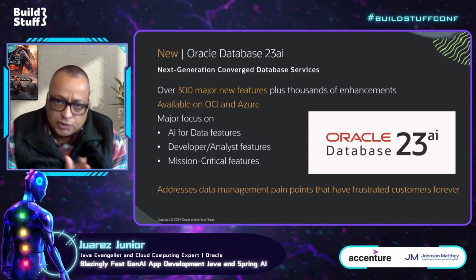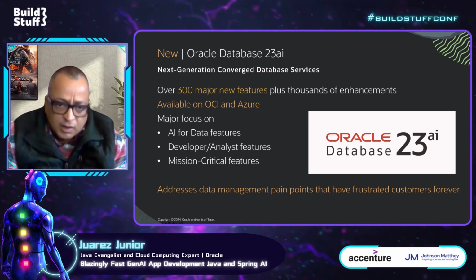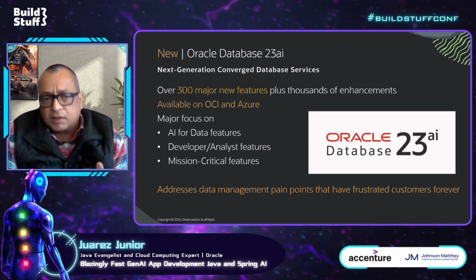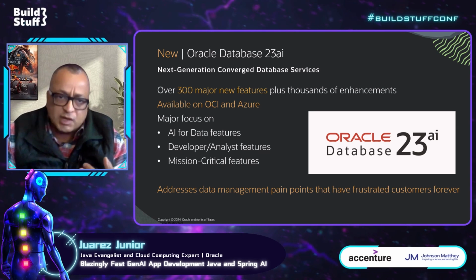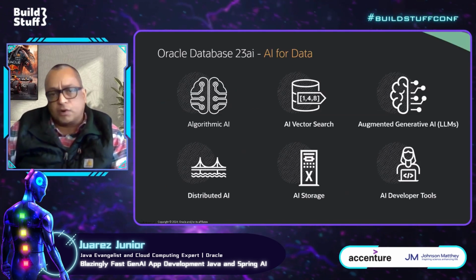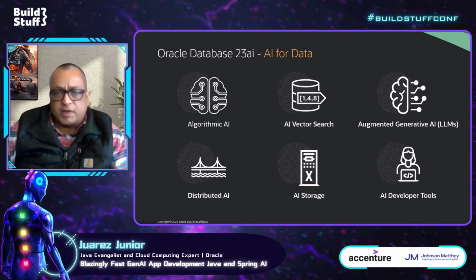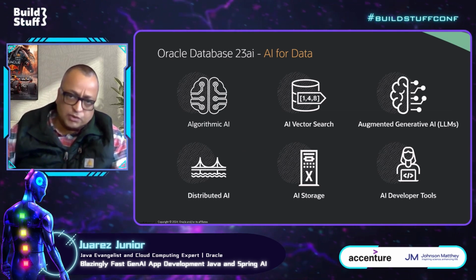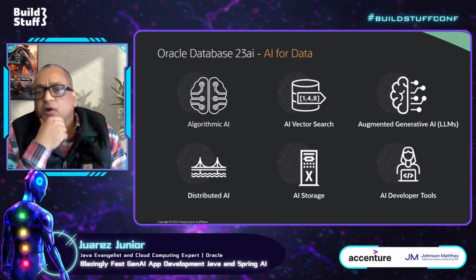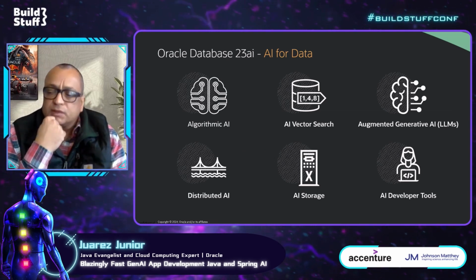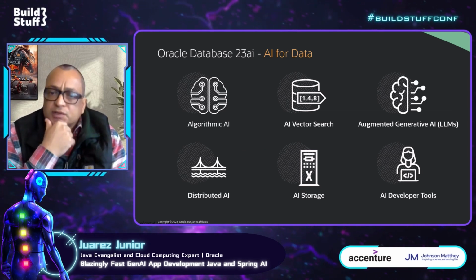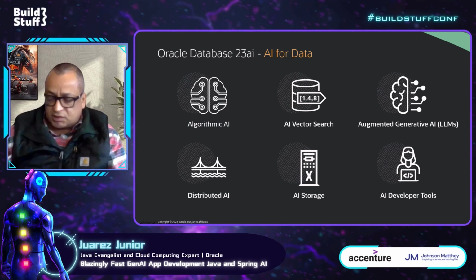It's impossible for me to talk about them all during my talk today, but out of the three main pillars, as we can see here, I want to focus on AI for data features, and at the core of it, we have something called Oracle AI Vector Search, which enables the use of the Oracle database as a vector data store with a new vector data type, some extensions to the SQL language as well, some new functions.